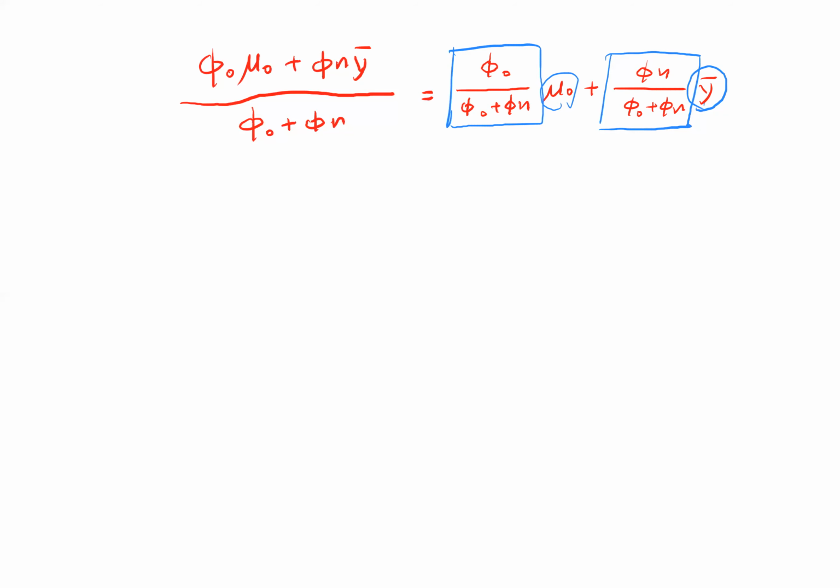Here, the effect is on the phi, right? Phi 0 is the precision of the prior, and phi is the precision of the sampling model. So if you focus on n here, if phi and phi 0 are fixed, then the larger the n, the bigger the weight of the y bar, right?